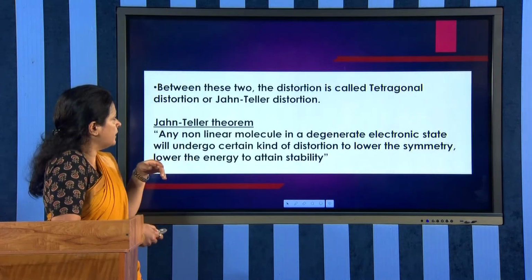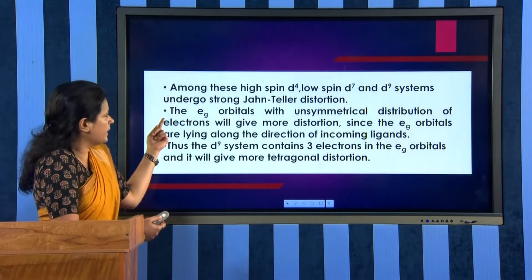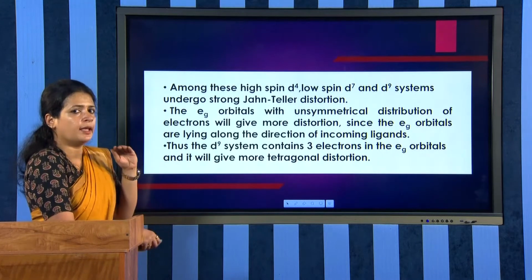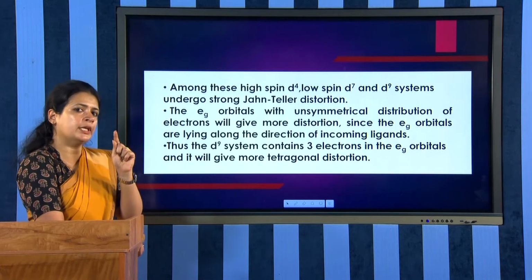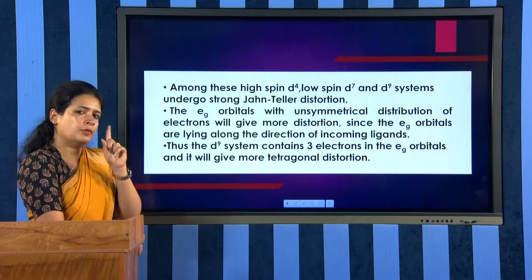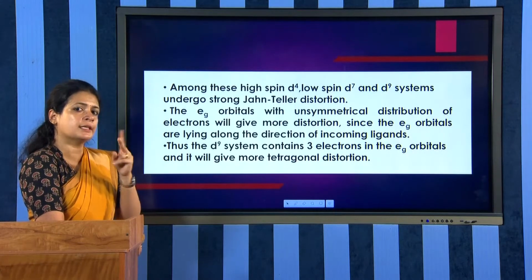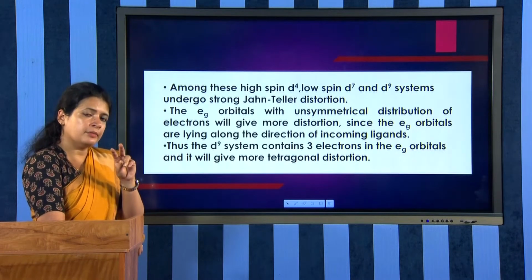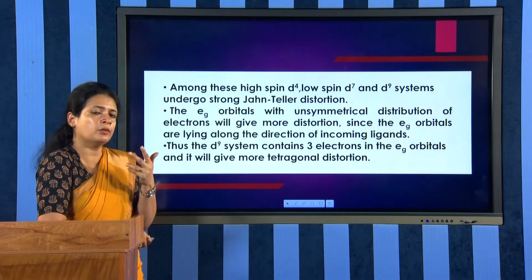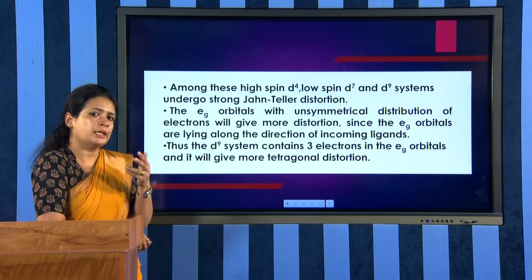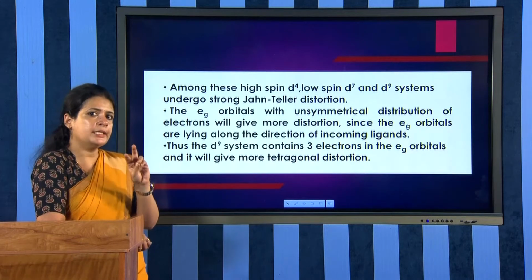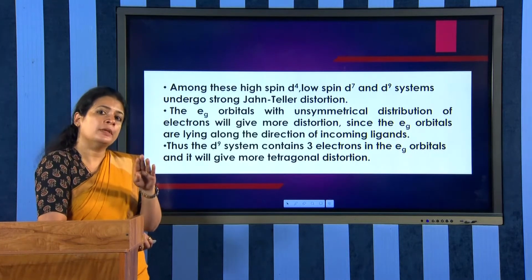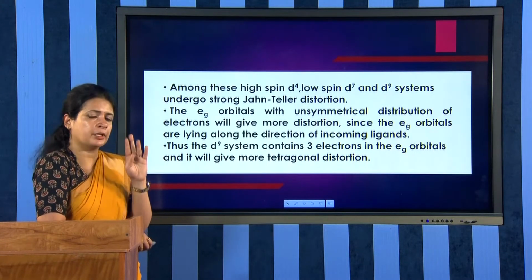That is seen here: eg orbitals with the unsymmetrical distribution. A single electron in eg means there is an unsymmetrical electronic arrangement, because when we discuss symmetrical and unsymmetrical, eg2 is a symmetrical arrangement, eg4 is also a symmetrical arrangement.